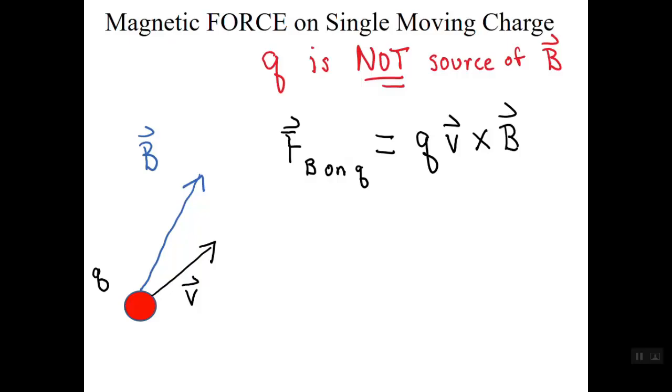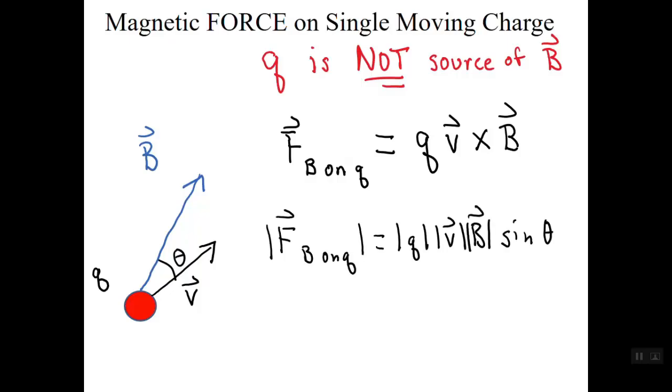Notice that a charge must be moving in order to experience a magnetic force on that same charge. The magnitude of that force is given by the product of the magnitudes of Q, V, and B times the sine of theta, the smaller angle between vectors V and B when you put them tail on tail.